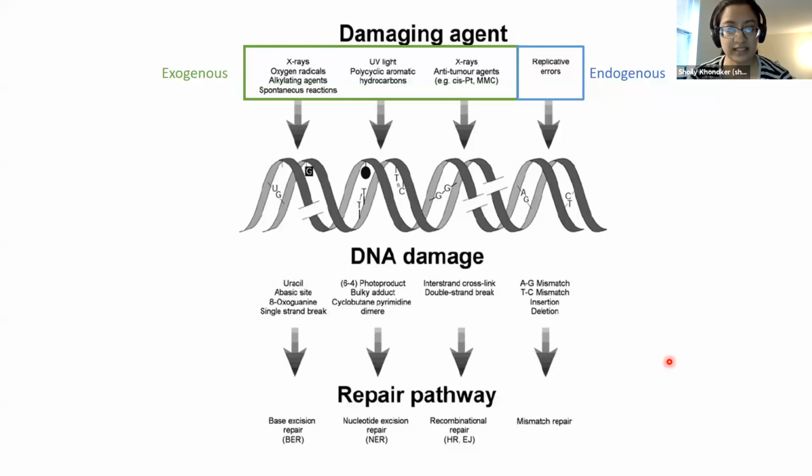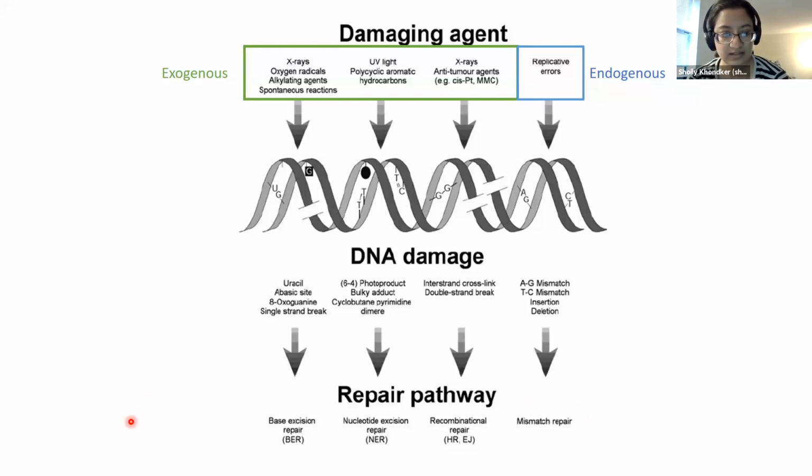Exogenous DNA damaging agents can include X-rays, oxygen radicals, alkylating agents, random spontaneous reactions, as well as UV light, aromatic hydrocarbons, and anti-tumor agents.